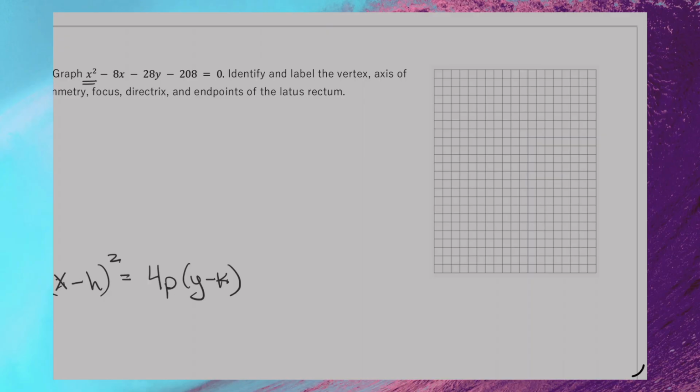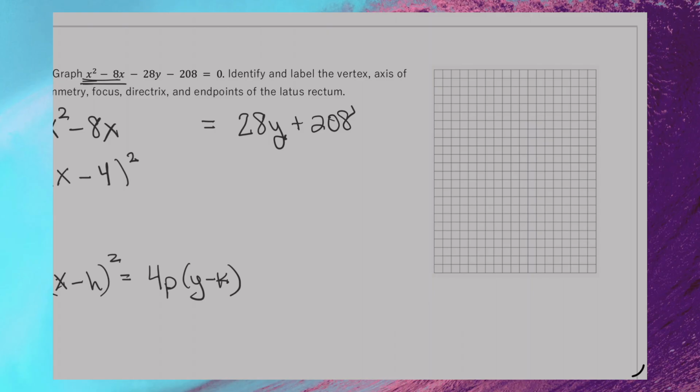Okay, so that's what I'm shooting for. So I'm going to put the items that have x with them on the left side of the equal sign. On the right side, I'm going to move everything else. So positive 28y plus 208. Okay, and now I'm going to complete the square. Remember, our goal is to have x minus a number, squared. I'm going to cut that middle term in half. So I'm going to cut the 8 in half and make that a 4.